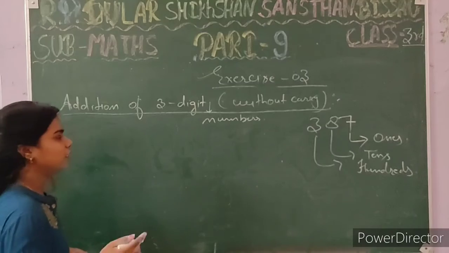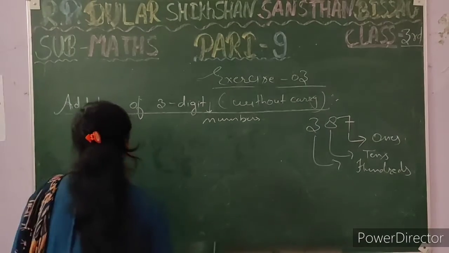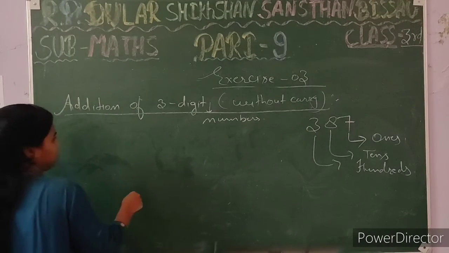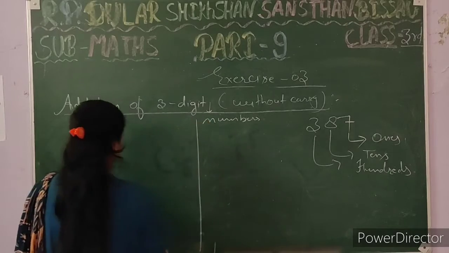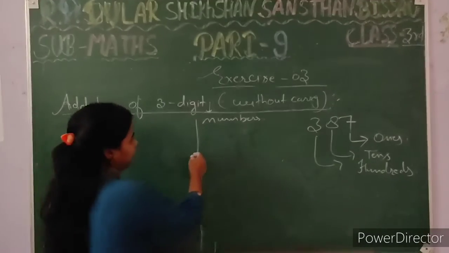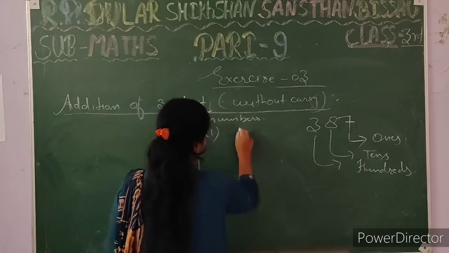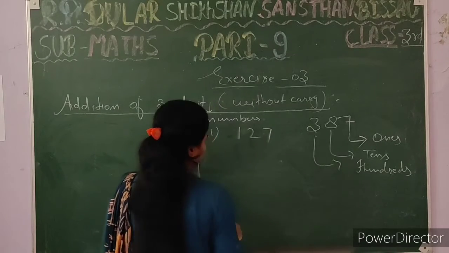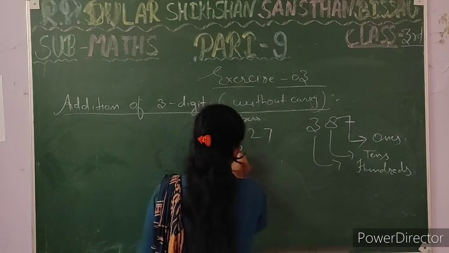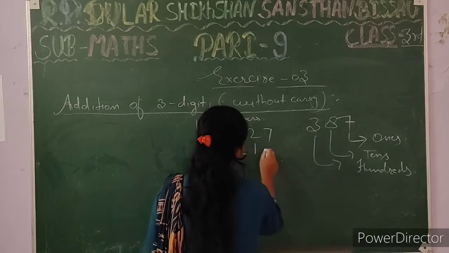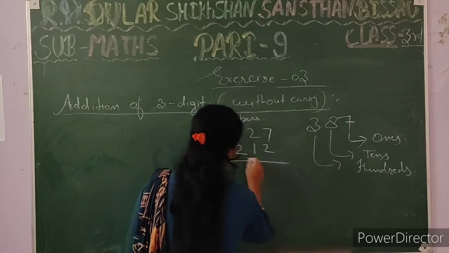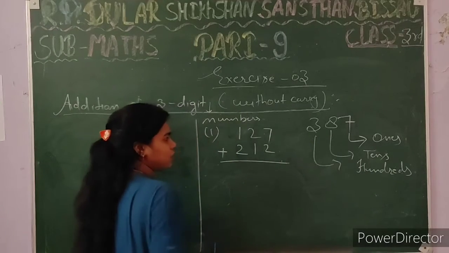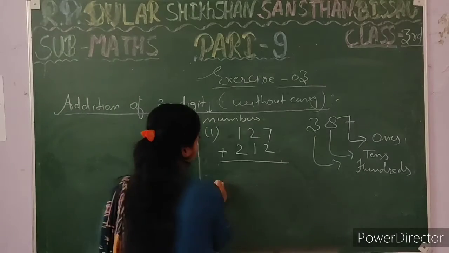So first of all I take an example. Here I write the steps and here I write the example. 127 and 212. Students, additions of 3-digit numbers without carry.